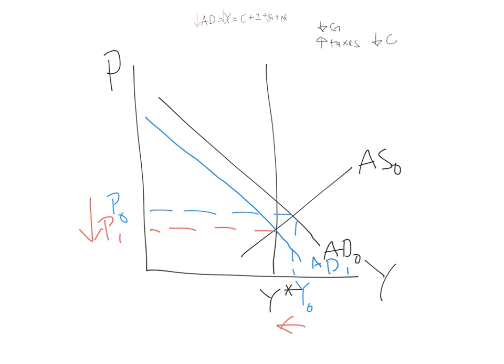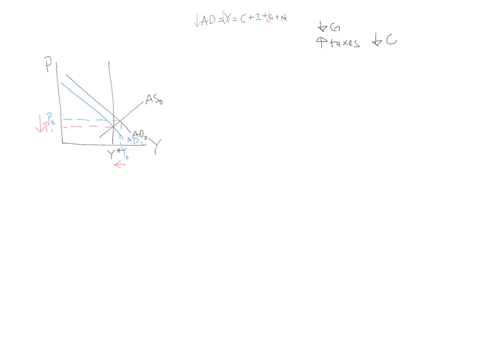So we are going to get a fall in output back to potential GDP and a fall in prices. Either inflation is going to grow slower than before, or inflation is going to be negative, indicating deflation or falling prices.